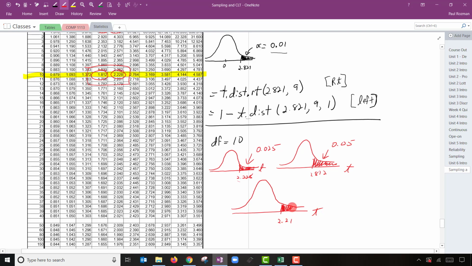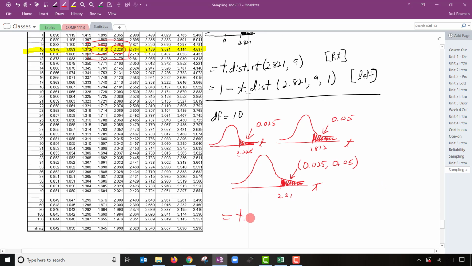I don't know what this area is because my table just doesn't give it. The table's too coarse. But I know that the answer is somewhere between 0.025 and 0.05. And maybe that's enough.